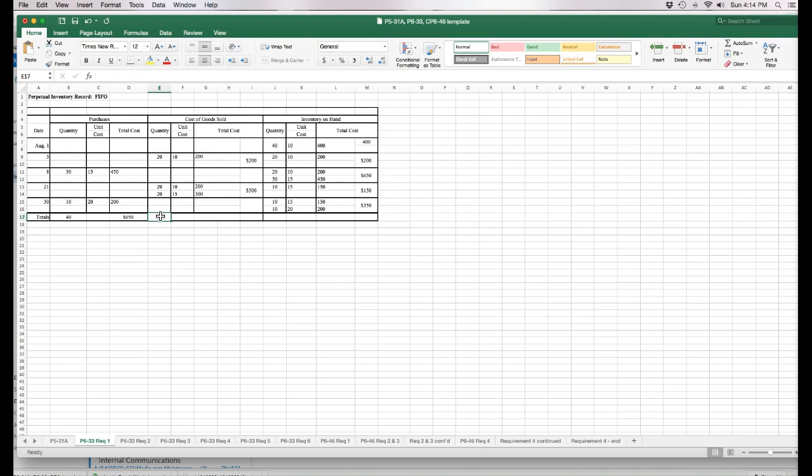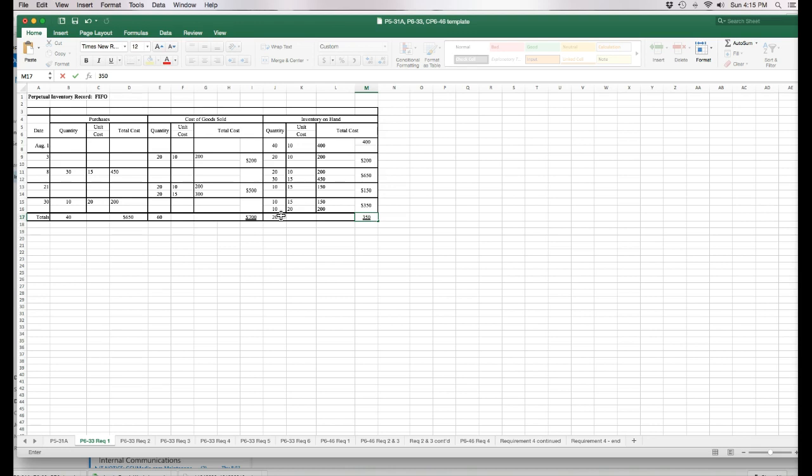What did we sell? We sold a total of 60 units at a total of $700 of what it cost us. What do we have left on hand? We have 20 units altogether for a total value of $350. Okay? So that's how we fill out the table.